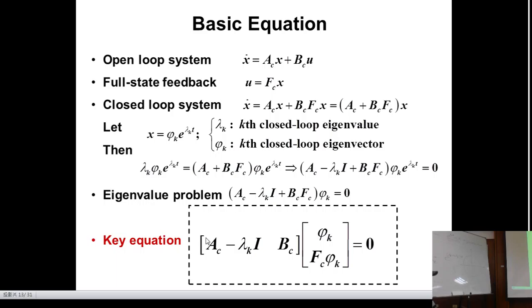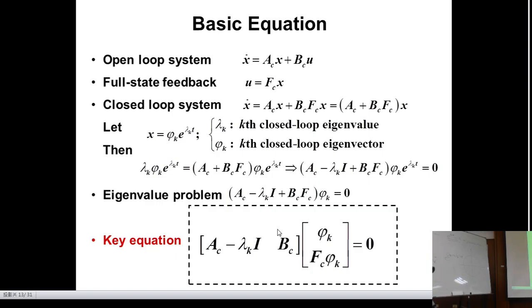Look at that. I have a matrix AC minus lambda k I. I is the identity matrix. Then I have another matrix BC here. AC is a square matrix. Lambda k I is also a square matrix. And then I have another matrix here, BC. So this one, you have more columns than rows. Agree?